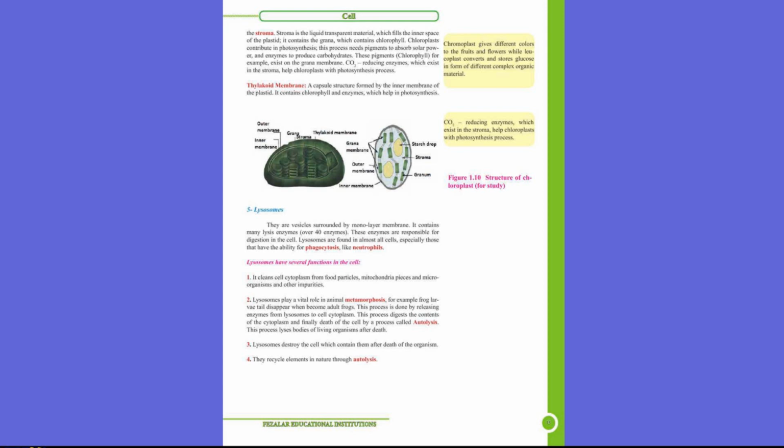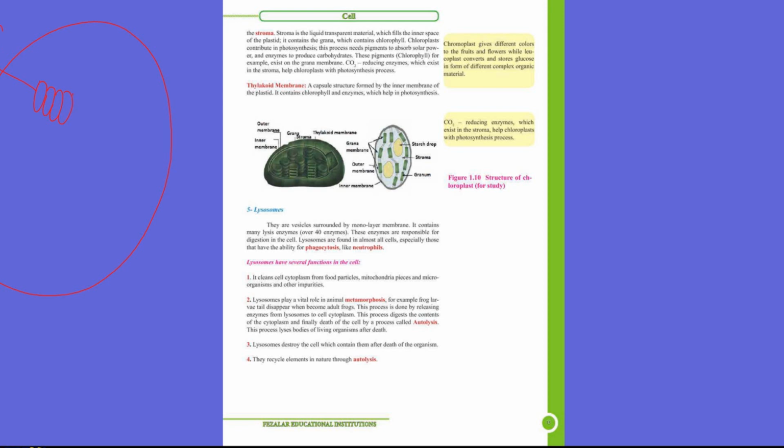We may remember mitochondria, the outer membrane is smooth but the inner membrane makes folds like cristae. In chloroplast too, the outer membrane is smooth but the inner membrane makes different structures like flat vesicles stuck on one another, and we call each of these structures a granum.